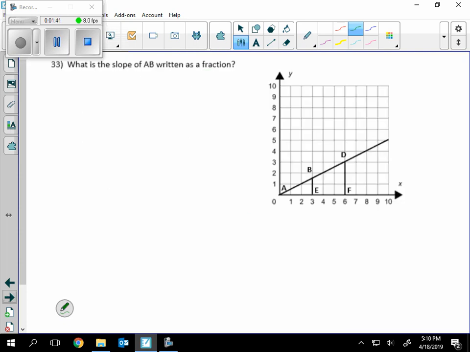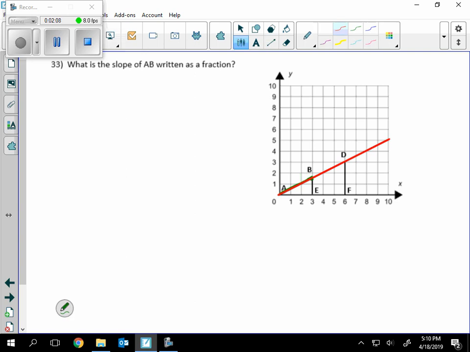All right, number 33. What is the slope of AB written as a fraction? So AB, that's this line right here. And I could get the slope, but do you notice I'm not landing on crosshairs right there, so I'm not comfortable. I hope you realize because of slope triangles that AB is also the same as that line right there.